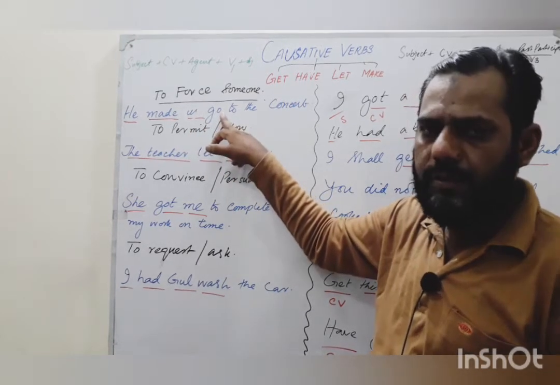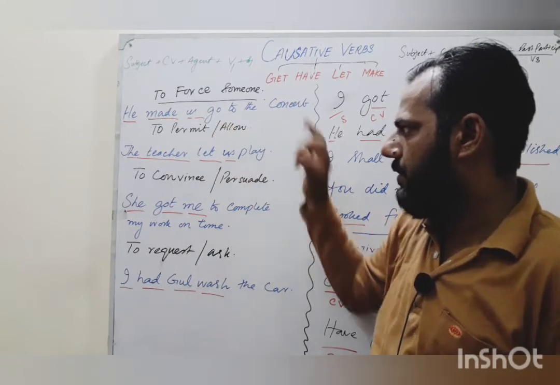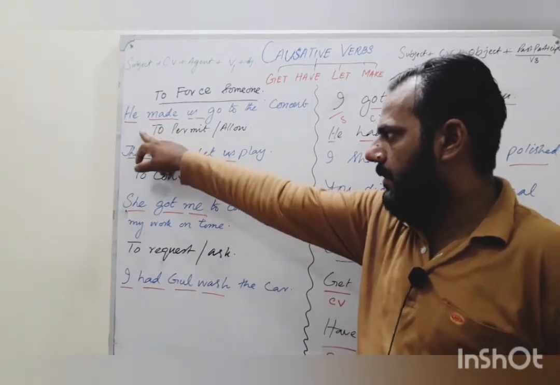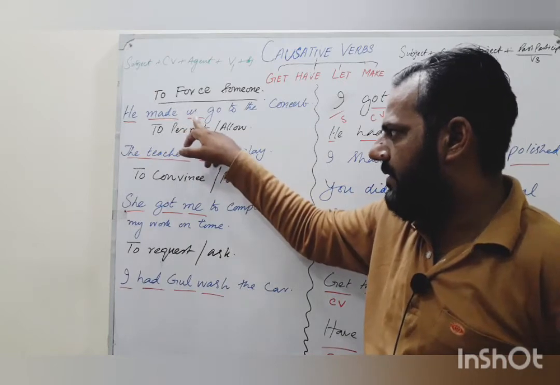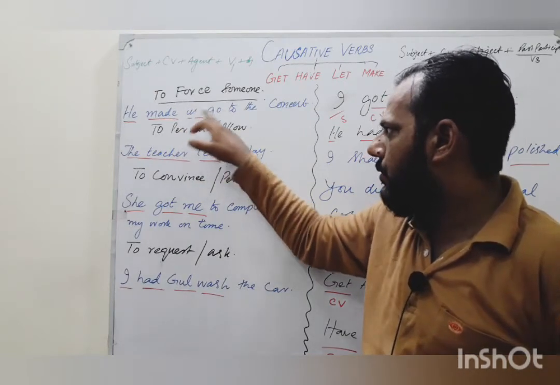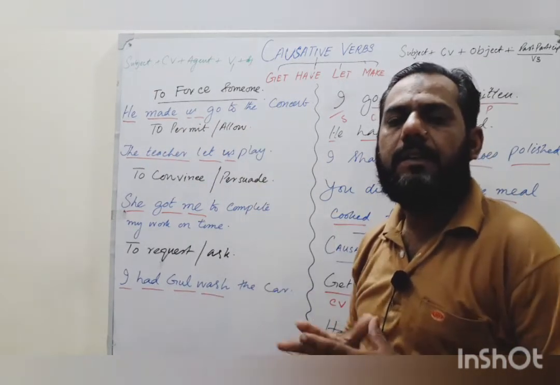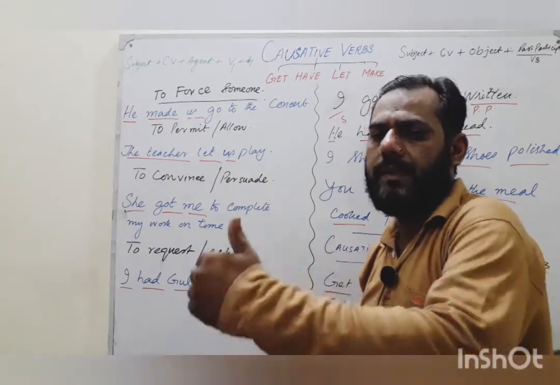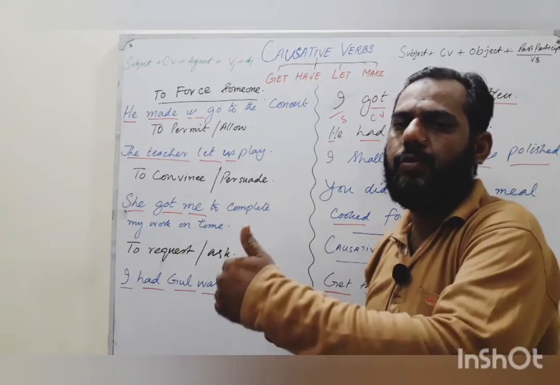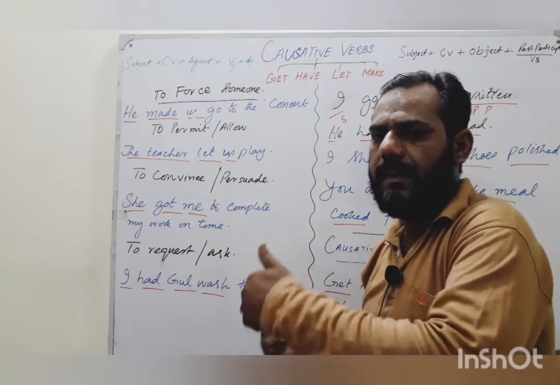And then the first form is used. Okay, that is the structure. So it means this gentleman forced us, compelled us to go to the concert. It means that he wanted us to be with him, or he doesn't want to go himself, so he is forcing us to go.